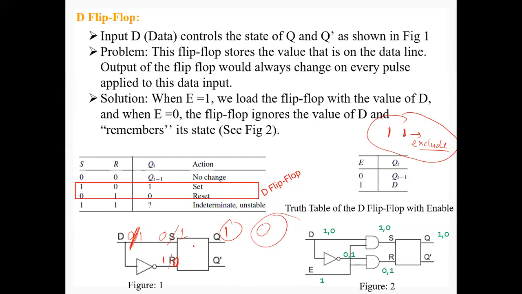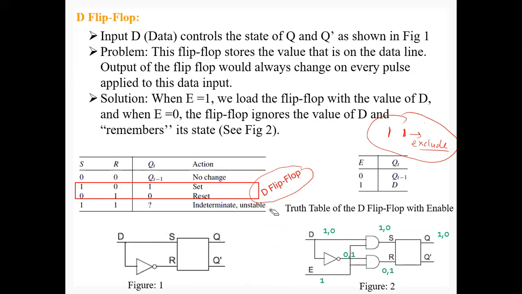But this is not going to happen because that condition never occurs here. 0, 0 never occurs. We cannot hold it. We cannot latch the data. We can set and reset, but we cannot latch or hold. So with the D flip-flop, we were a little excited, but it's not working as desired.